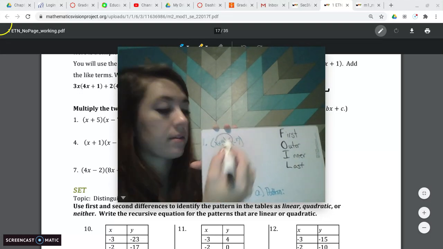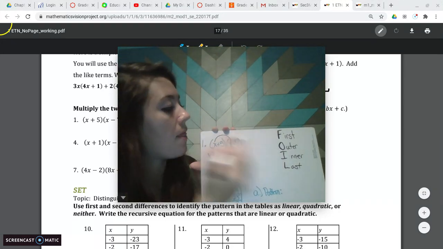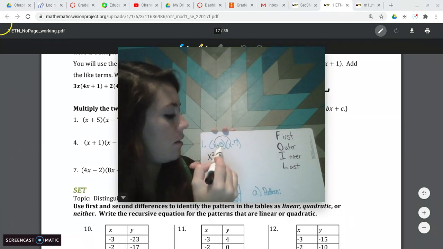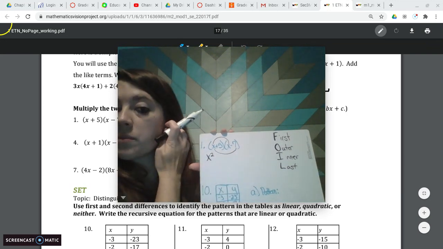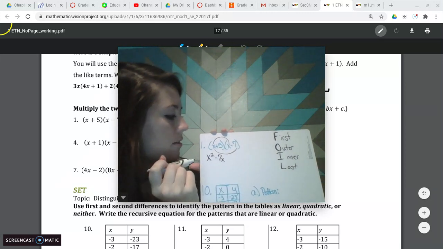So x times x is x squared. Then it says outer, so we take the two outermost ones, x and negative 7, and multiply those together. So we end up with a negative 7x.